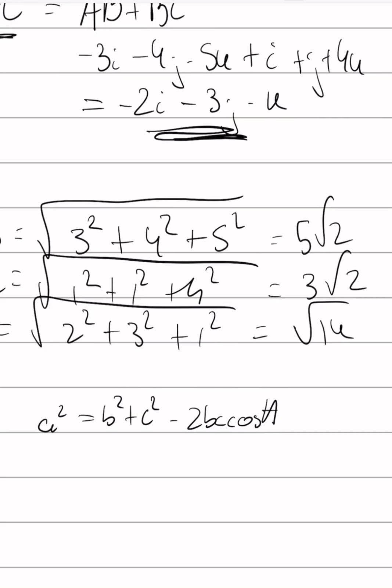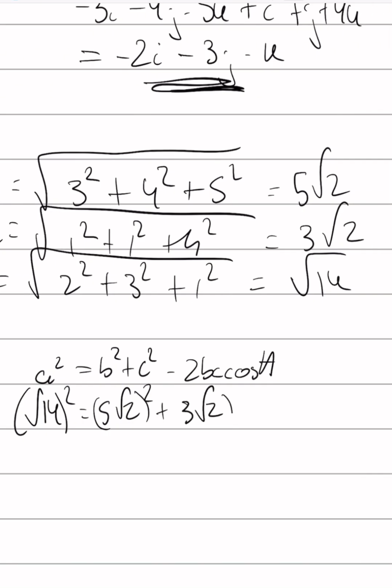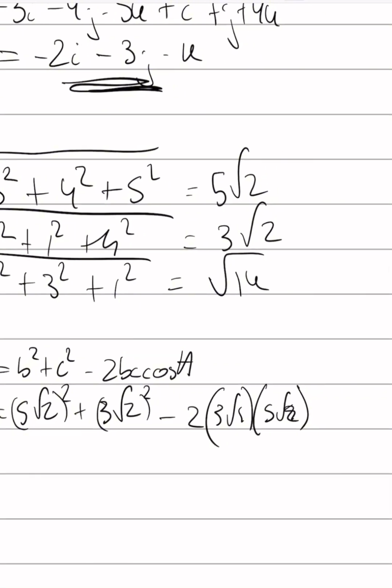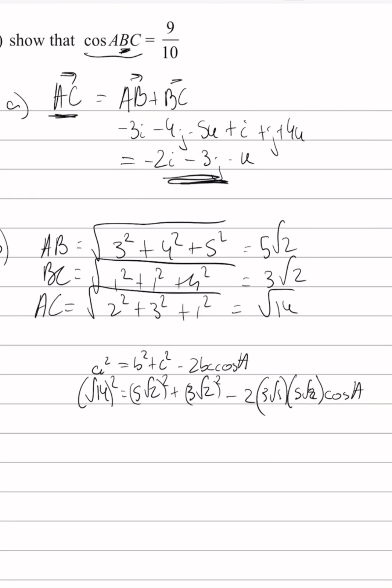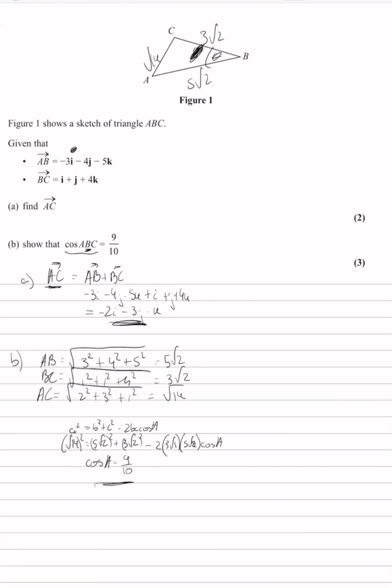Therefore, root 14 squared equals 5 root 2 squared plus 3 root 2 squared minus 2 b c cos a. Then solving for cos a, that will give us 9 over 10, which is the same as the one in the question.